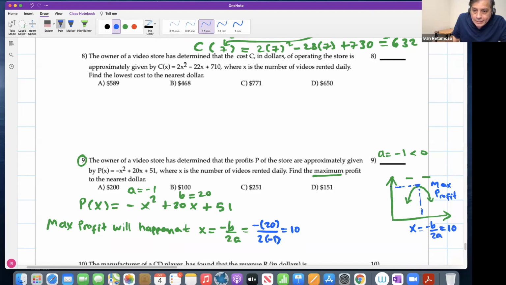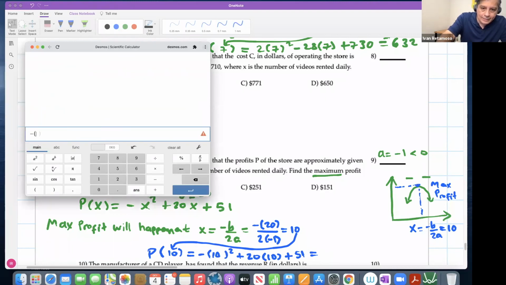But we want to find the actual maximum profit, right? The output value associated to 10. So that shouldn't be difficult because you just have to plug this 10 into your quadratic profit function, right? And remembering that x is just a placeholder, this is what you have to do, right? In your calculator. Let's do it together.